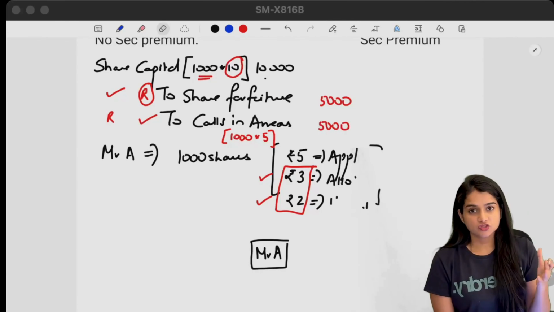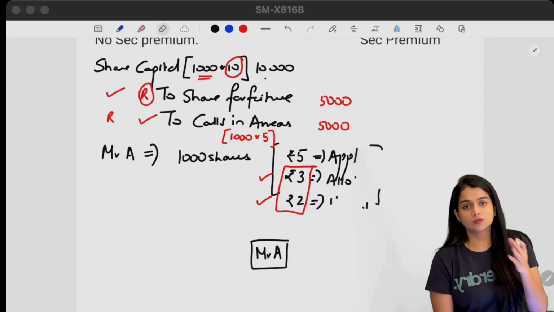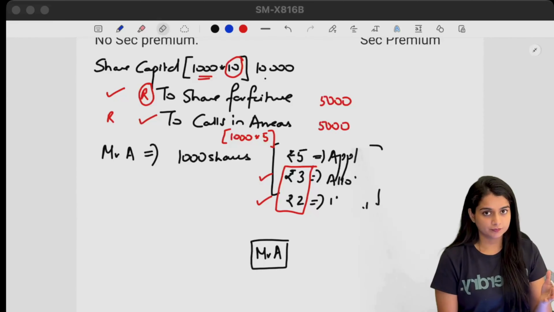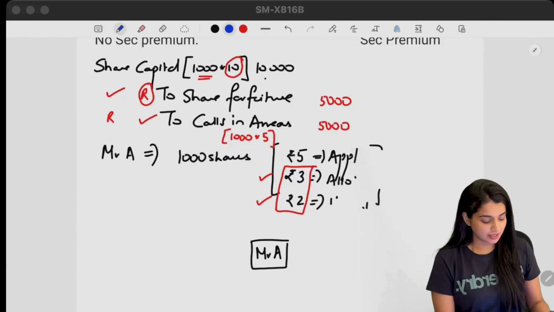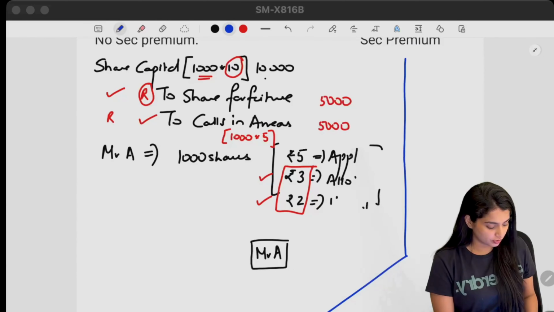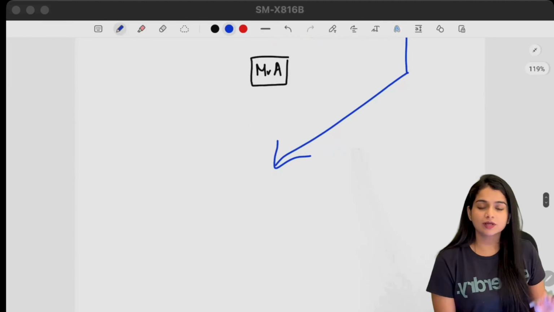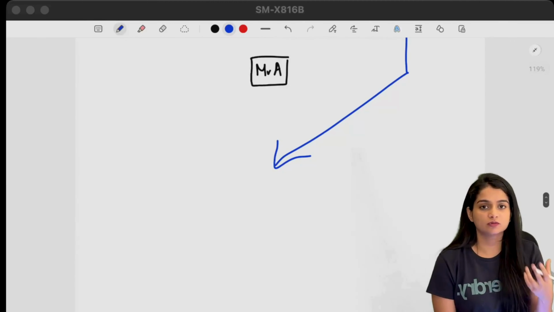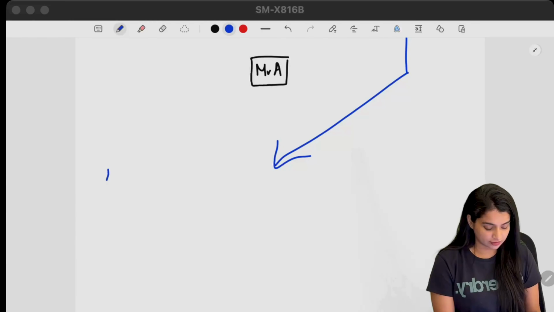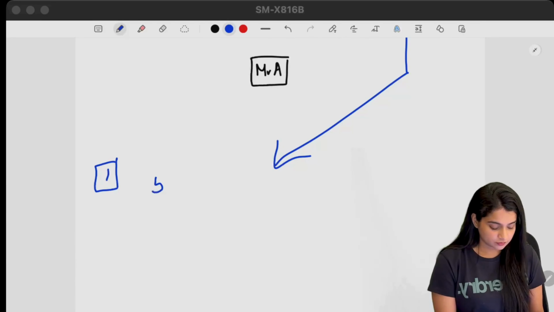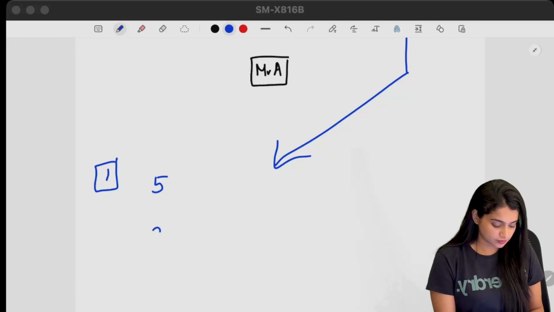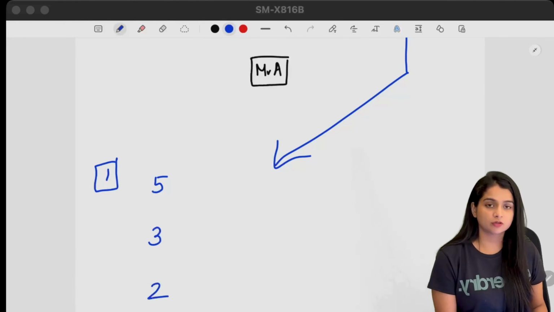The next part of share forfeiture is where a sum would have securities premium. Now let's understand, if the sum has securities premium, what all do you have to look at. I'm going to explain this with the help of an example. Let's say we have one example: 5 rupees payable on application, 3 rupees payable on allotment, 2 rupees payable on first call.